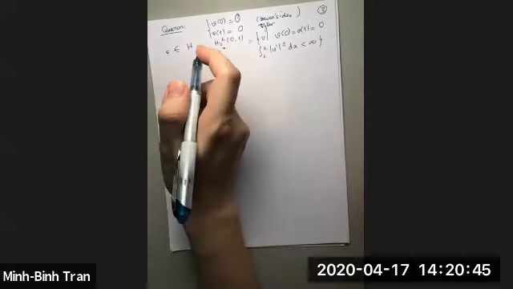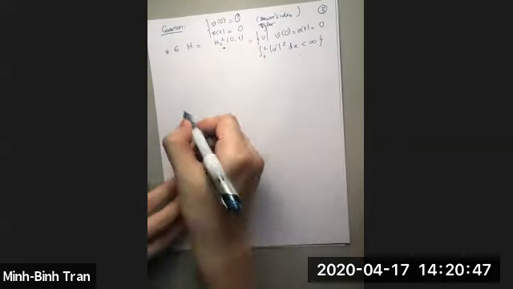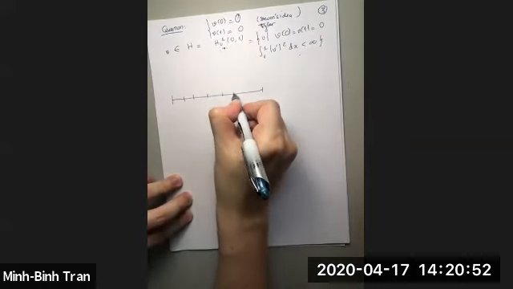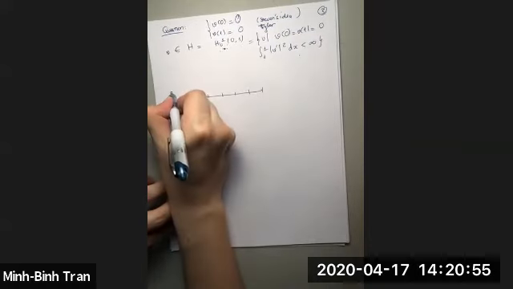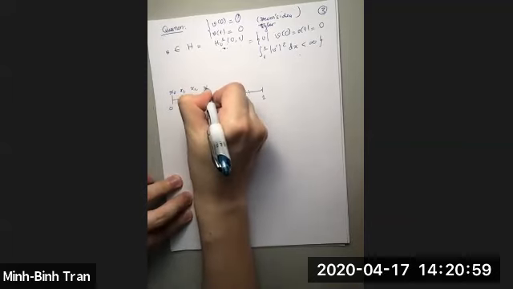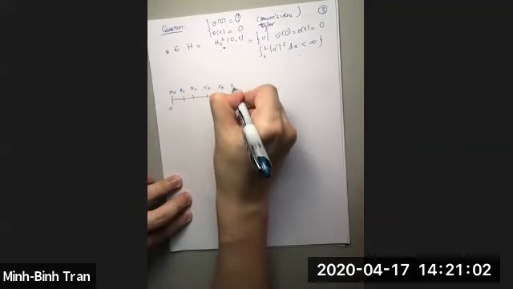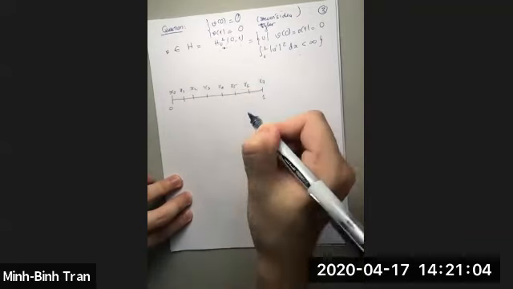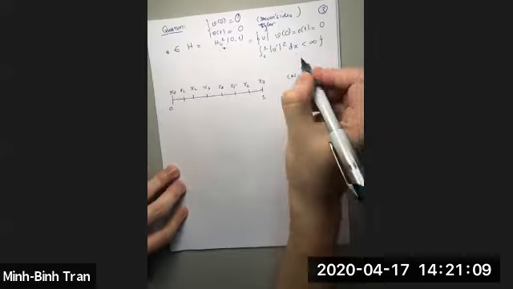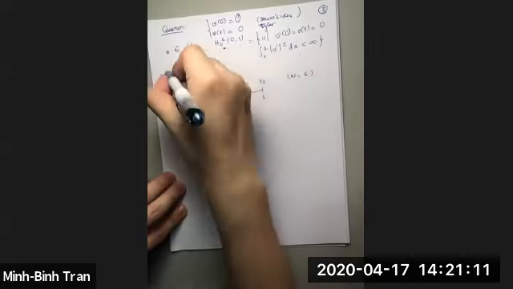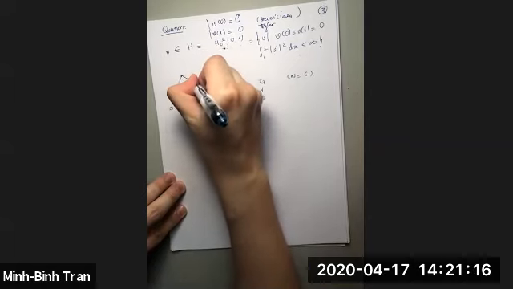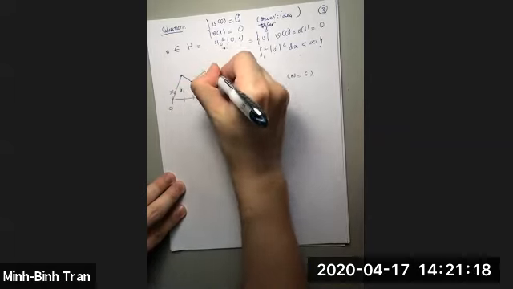So if you pick this is x0, this is 0, this is 1, this is x1, x2, x3, x4, x5, x6, x7. So in this case, n is equal to 6. If you choose a function v, it has to be like this.